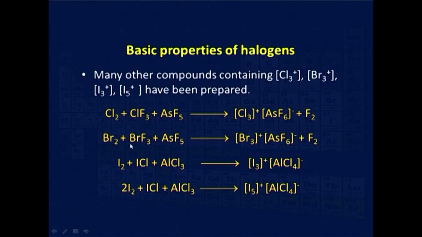Many other compounds containing the trichlorine positive ion, tribromine positive ion, triiodine and pentaiodine positive ions have also been prepared. This is the presentation of the various reactions involved in how these positive ions have been prepared.